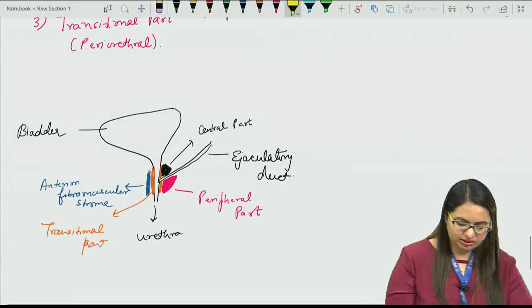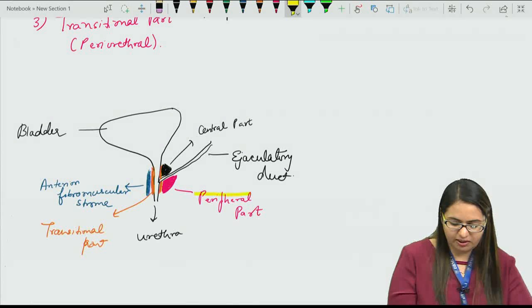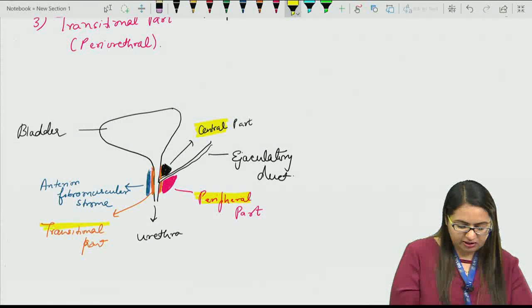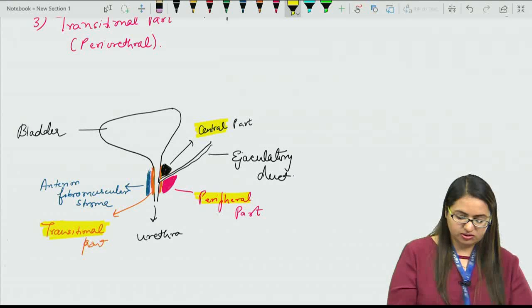So now if we see the three portions, one is the peripheral part, present on the posterior side, then the central part, present between the urethra and the ejaculatory duct, and the one which is present along the urethra, periurethral, is the transitional zone.